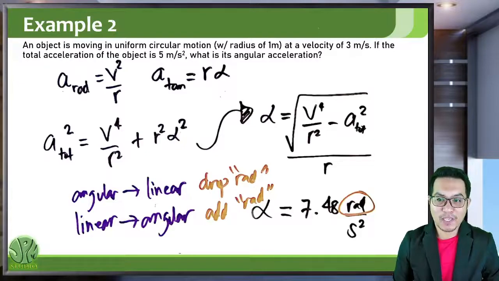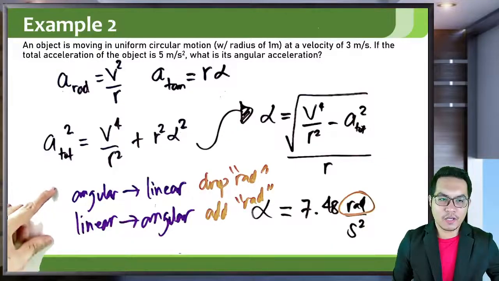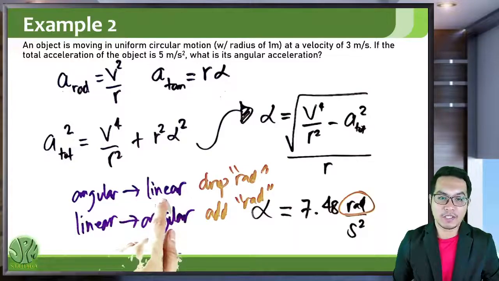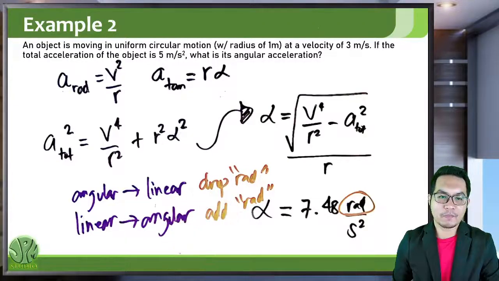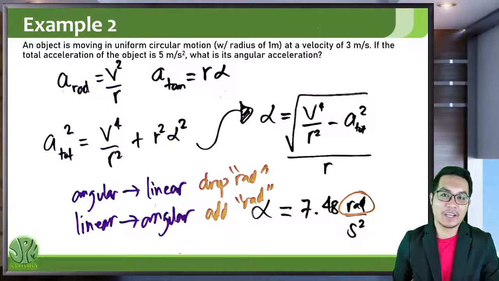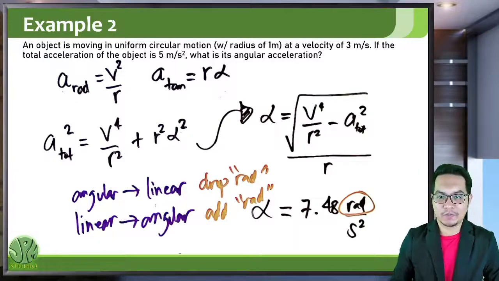So pi supposedly has a unit of radians, but in our derivations, we don't include the radians unit. That is why we have to add the radian units here. But in order to solve that, just take note of this. You're going from angular to linear quantities, drop the radians unit. You're going from linear to angular quantities, you add the radian units. So here we are going to the angular, because this is angular acceleration. Okay.